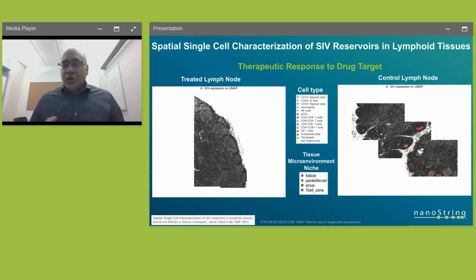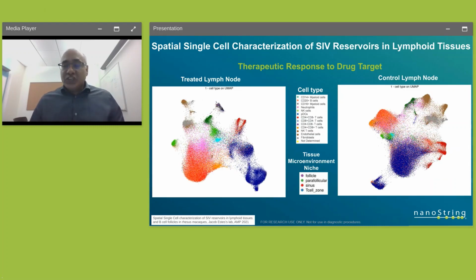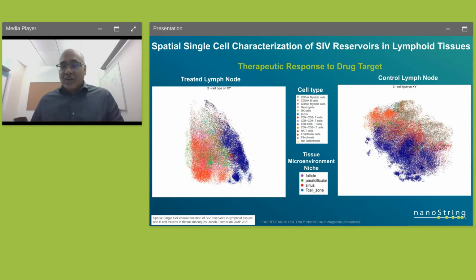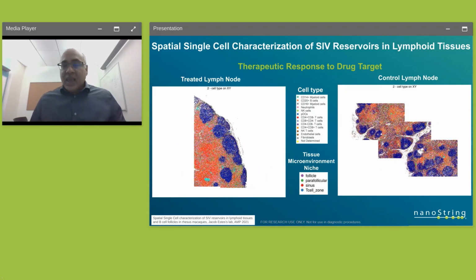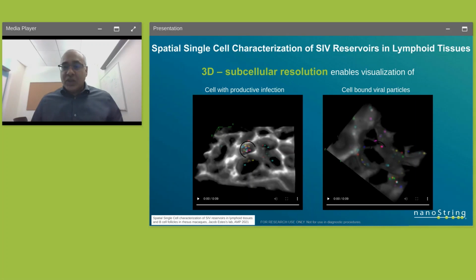In addition to that, CosMx enabled researchers for the first time ever to distinguish productively infected cells from uninfected cells. And this was made possible because of the super resolution of CosMx. CosMx has 50 nanometer resolution on the XY axis and around 200 nanometer resolution on the Z axis.